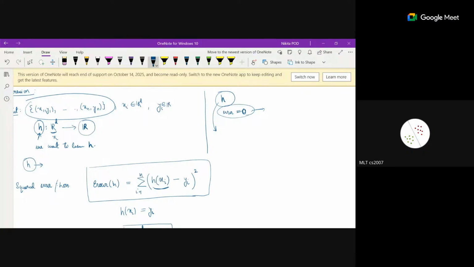But if that doesn't happen, that is, if your model makes very little error on the training data but the error goes quite high on the test data, then we can say your model has overfit. Got it. Okay, so we would not want to do that.